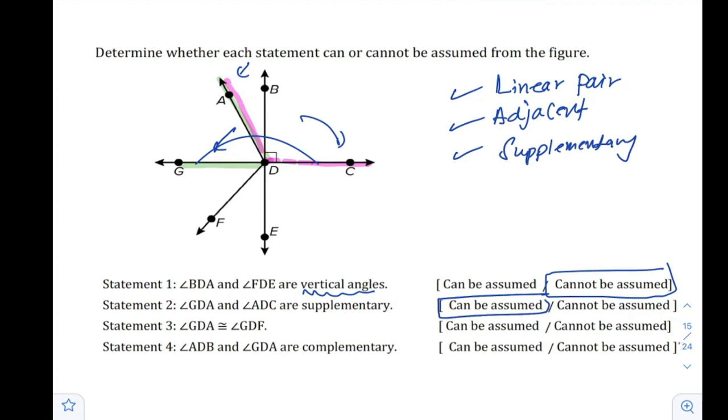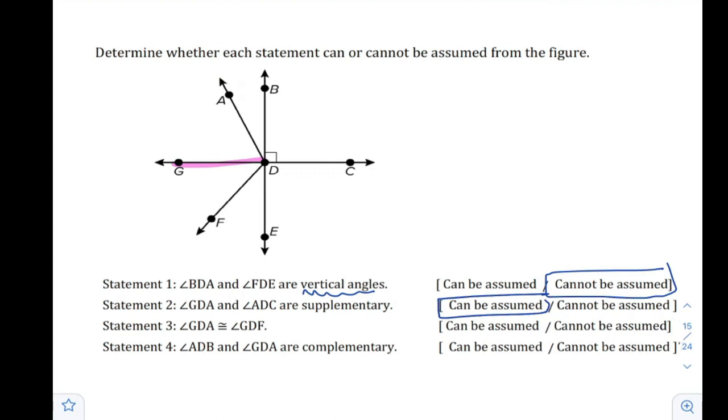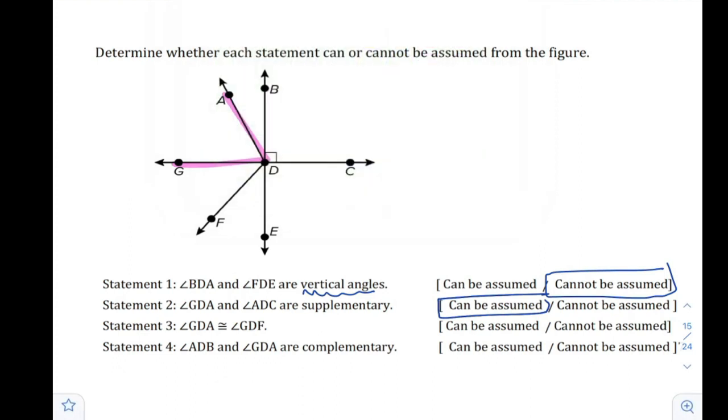Okay, let's erase everything about that and move to statement number 3. In statement number 3, angles GDA and angle GDF. He says that they are congruent.